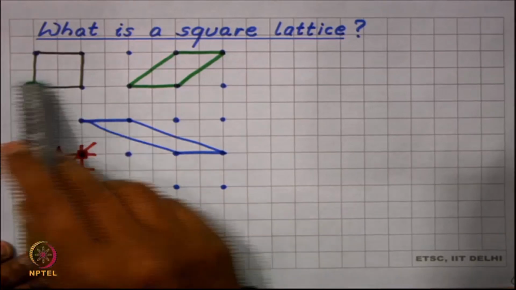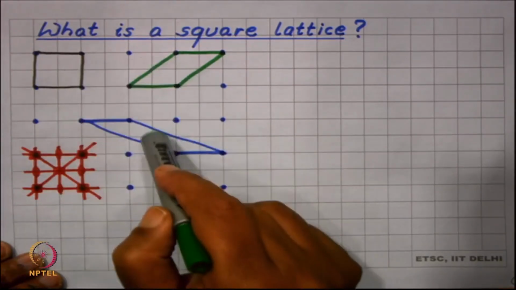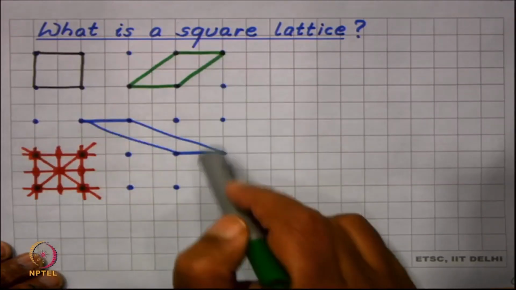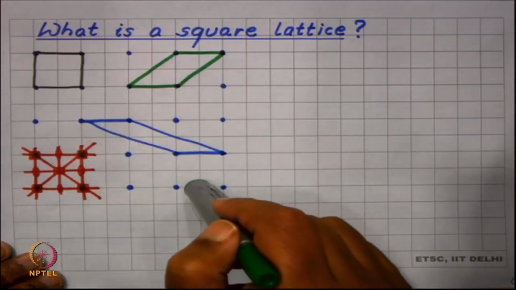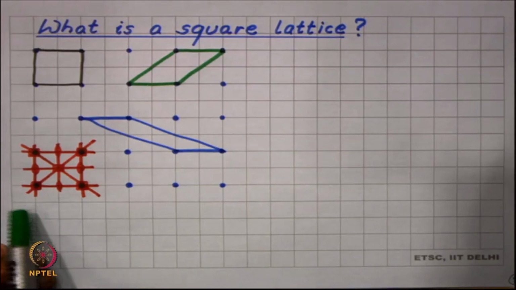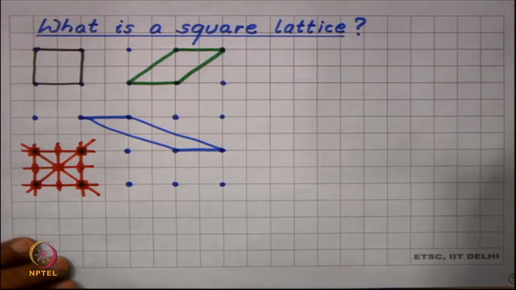So, all these different unit cells have different shapes, have different symmetries, but they generate the same lattice, they represent the same lattice, and finally, the lattice has its own symmetry which is shown here, which we worked out in the last slide.